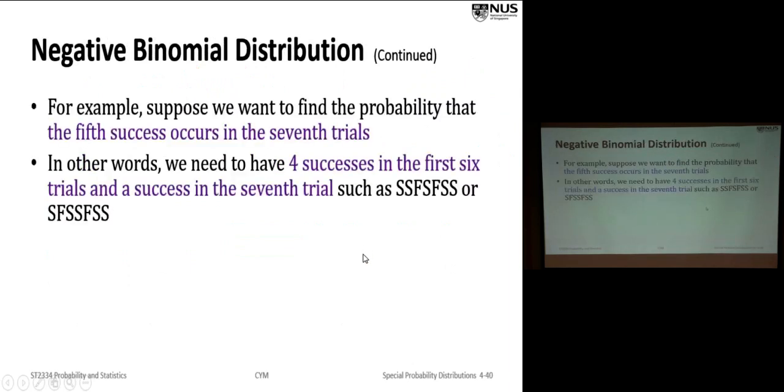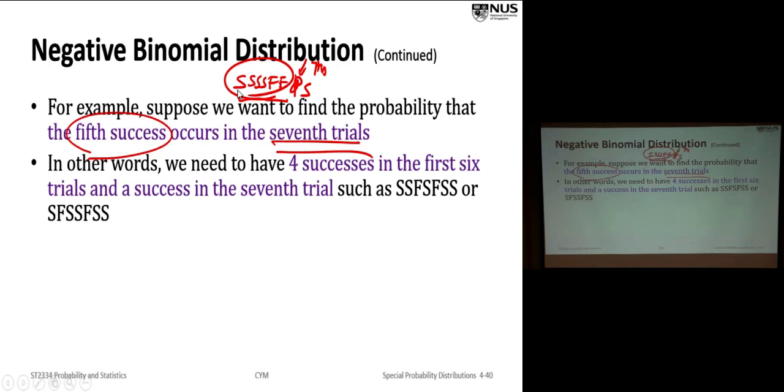All right? So, for example, I need the 5th success to occur in the 7th trial. In other words, the 7th must be a success, with probability p. And in the previous trials, I can have 4 successes and then 2 failures.